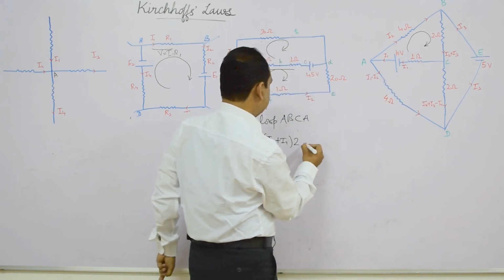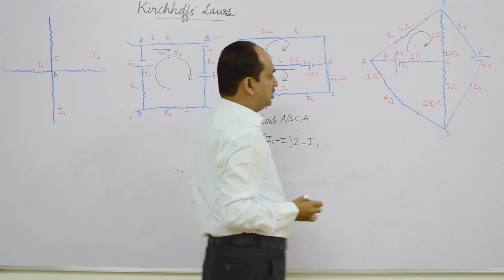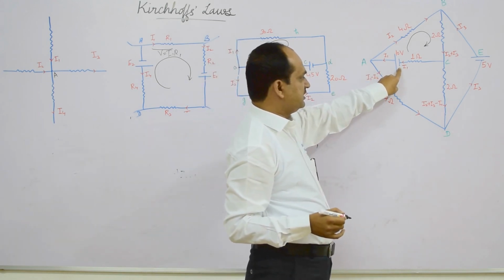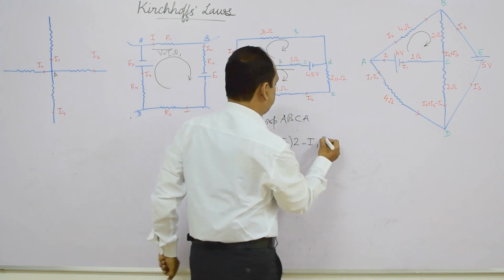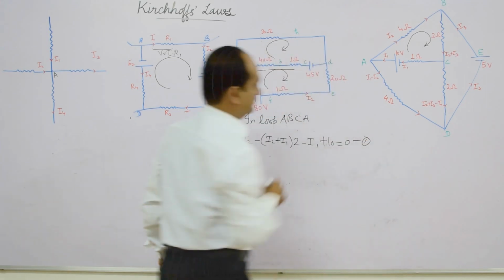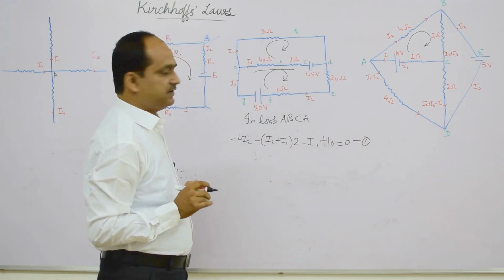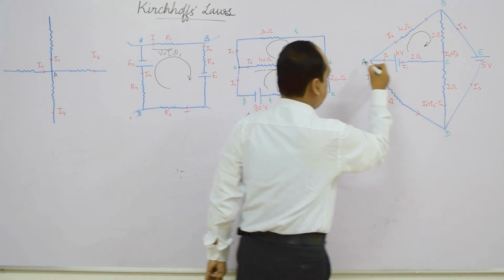So we have minus 1 into I1, that means minus I1. Now here we are getting first negative terminal and then positive terminal, so our EMF will be positive. So plus 10 that is equal to 0. Equation number 1.